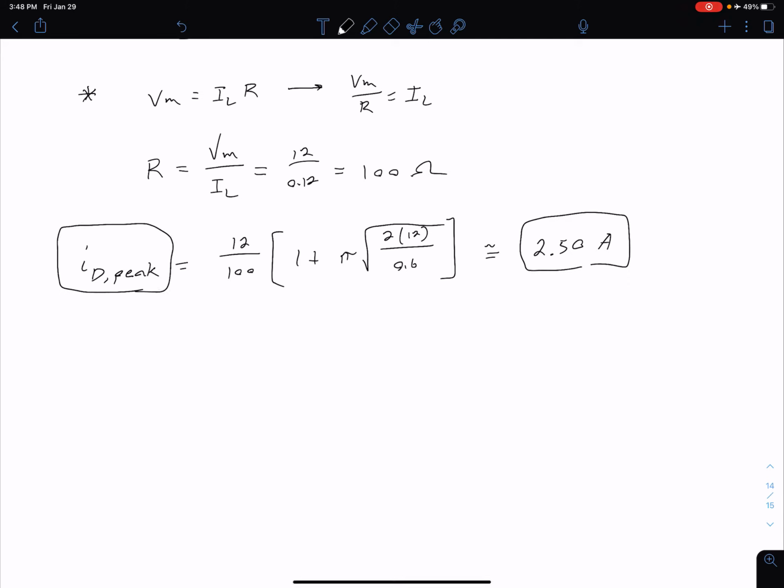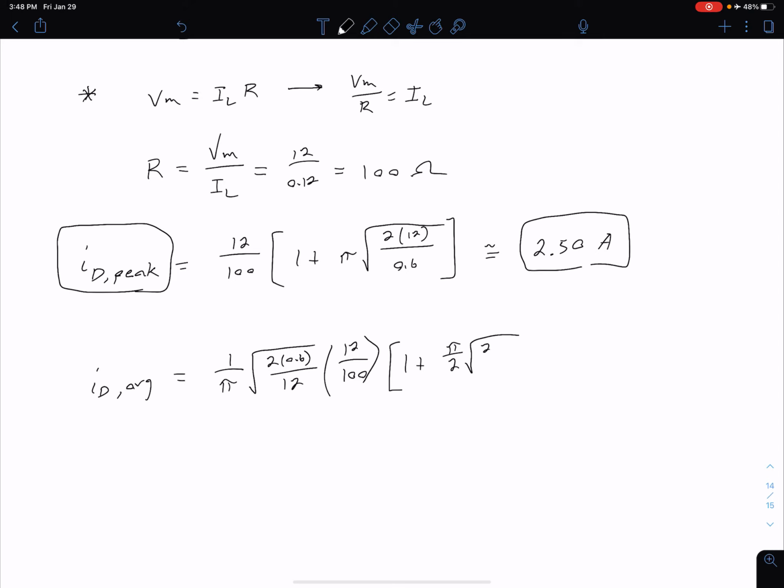So the other thing that we want to consider is our average diode current, I_D average. The equation for that, again, we're just going to plug straight in. So we had 1 over pi times the square root of 2 times VR divided by Vm, times Vm over R, times the quantity of 1 plus pi over 2 times the square root of 2 Vm divided by VR.